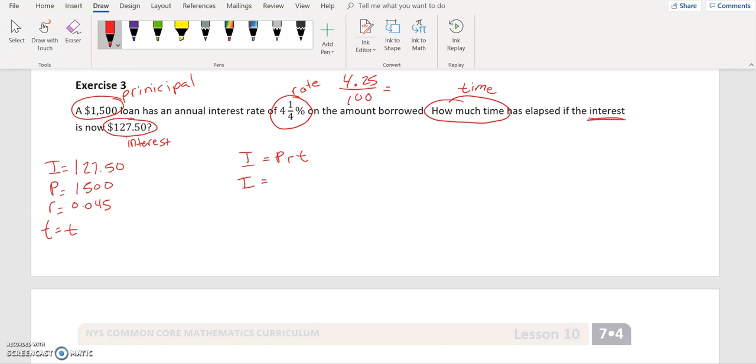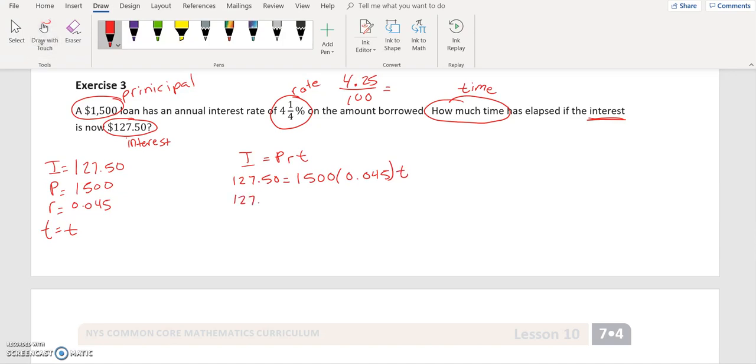I is equal to PRT. I is equal to, whoops, nope, we know the I. We're looking for something different this time. I is $127.50, equals P is 1,500, R is 0.0425, T is the unknown.